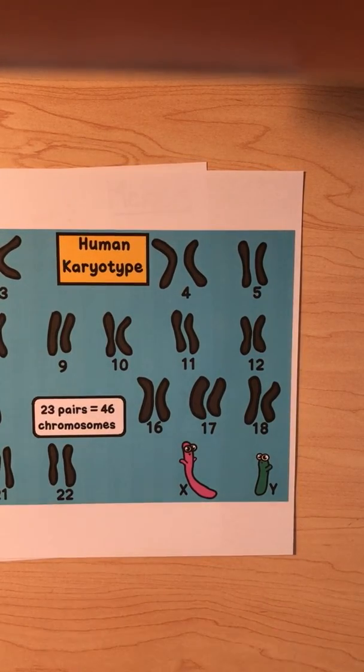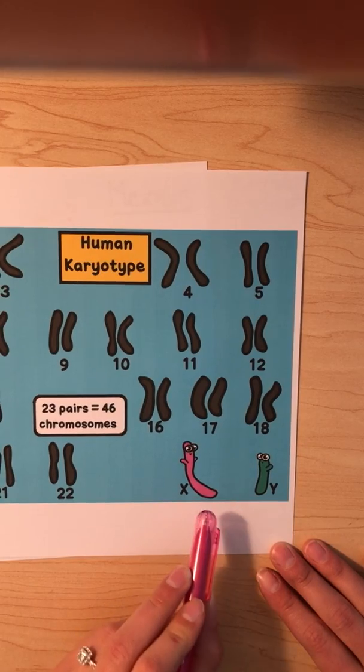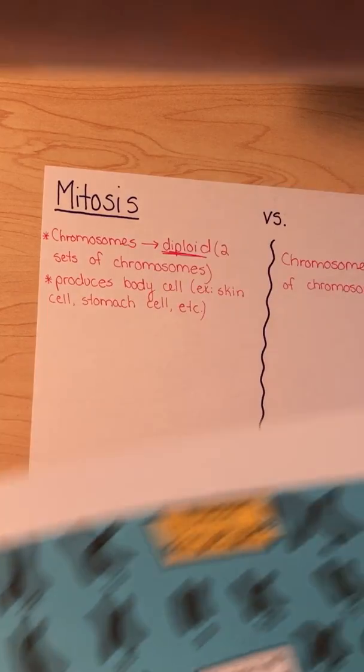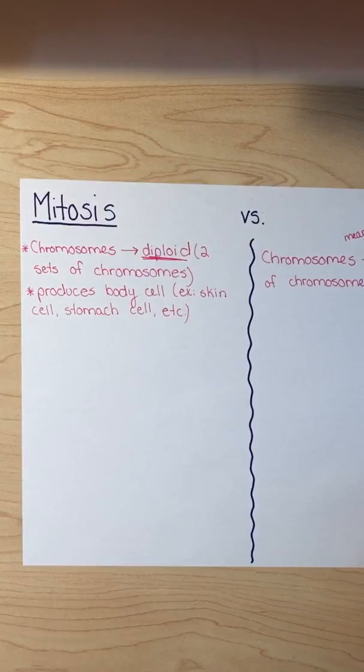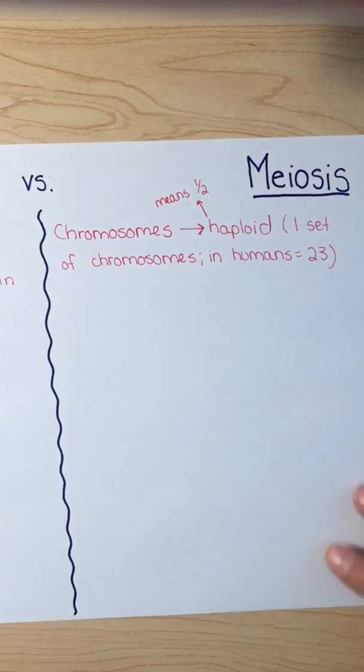And so it makes sense because when fertilization occurs, aka the sperm fertilizes the egg cell, one of those chromosomes you'll get from mom and one of them you'll get from dad, okay? So we'll go over that a little bit more later. But anyways, back to meiosis, all right?